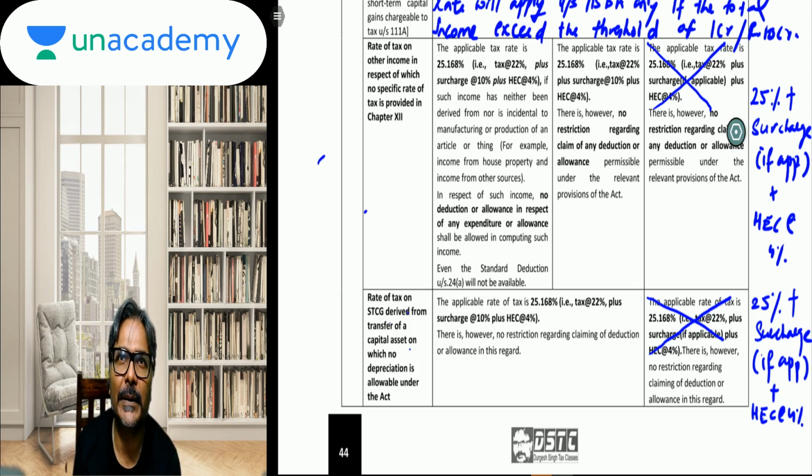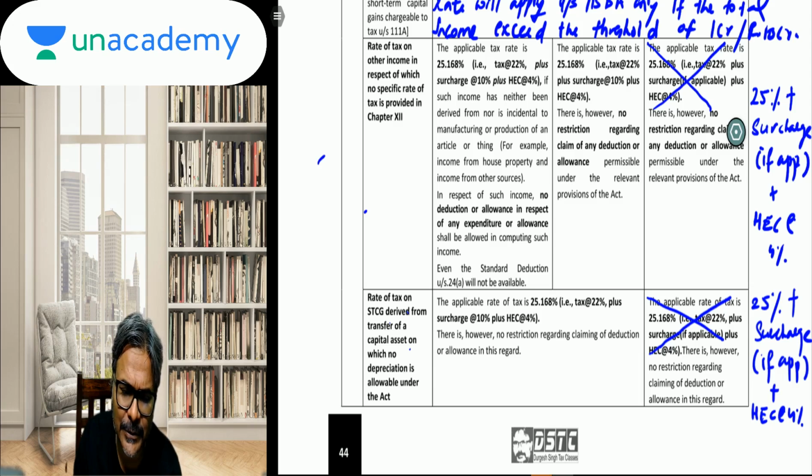So students, now in this regard, let's look at this particular situation. What has been said about the rate of tax on the other income in respect of which no specific rate of tax is provided in Chapter number 12. So students, for that there is no specific rate of tax in Chapter number 12.